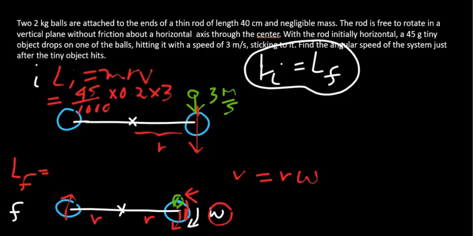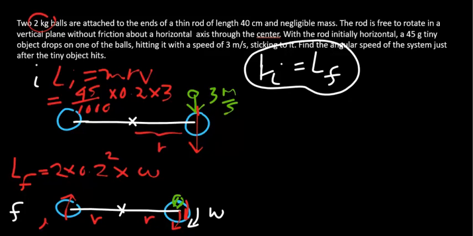So let's model all these objects as point particles. Let's start with the one that is on the left. The mass of that is 2 kg, that's given. The radius is 20 cm, so 0.2 meter. And the speed is v, given by r times omega. R is again 0.2, so you can simply write it as 0.2 squared times omega.